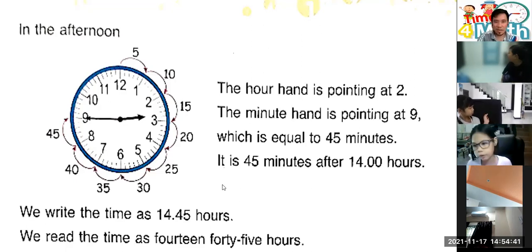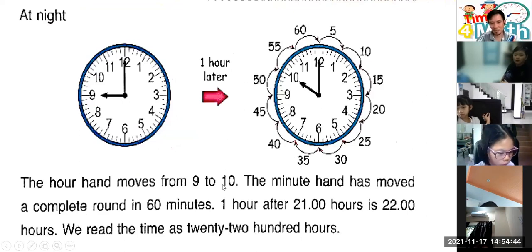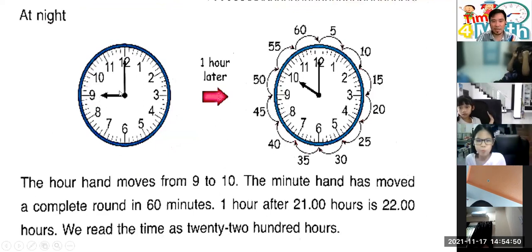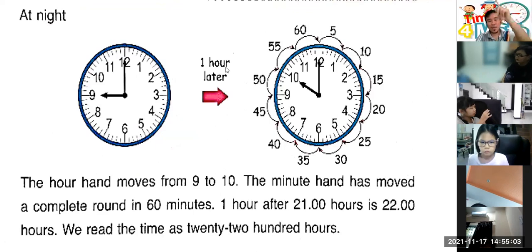Okay, that is in hours. Thank you. Now here we go. What if at night? Our hand moves from 9 to 10. Here you can see in the first block, it's at number 9. One hour later, the hour hand is at number 10, and the minute hand has moved a complete round in 60 minutes.